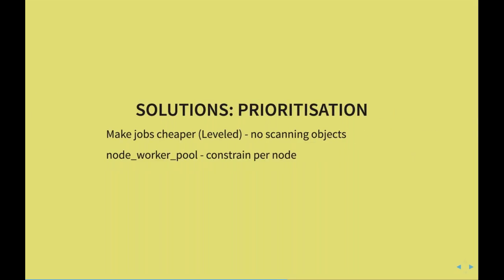There are 2 things that we're trying to do here. One of them is again the leveled backend, where the primary distinction between leveled and LevelDB is that it separates out keys and values, so that rather than having the key stored together with the value, the key is stored with the metadata and the value is stored separately.